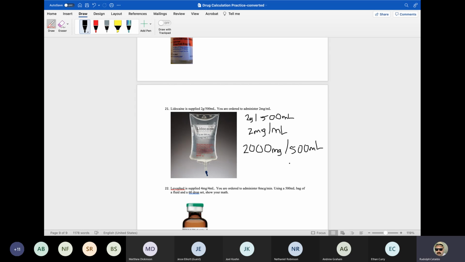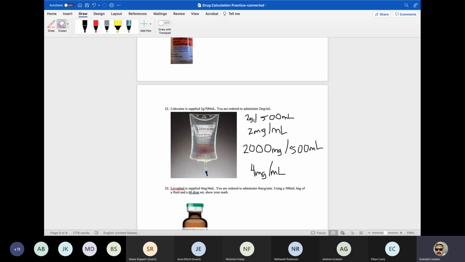So what is 2,000 divided by 500? 4. So my concentration per ml is 4 milligrams. Okay, does that make sense? Everybody with me there so far? Okay. I'm going to erase that. So if you need to take a picture or anything, do it now, because I've got to keep writing.